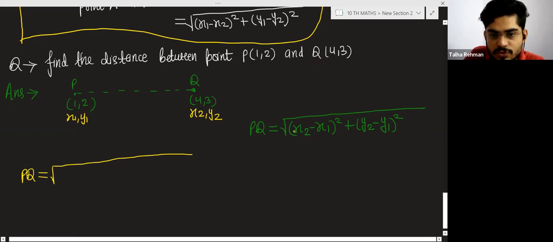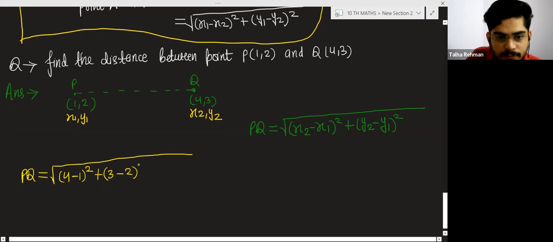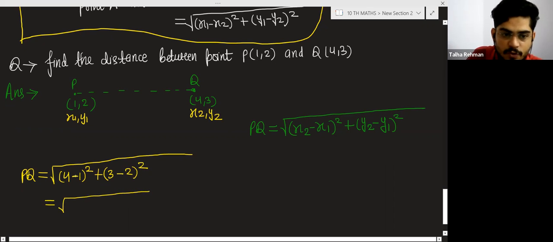So what is the value of x2? x2 is 4. So write here 4, minus sign, x1, which is 1, and square of this, plus y2, 3, minus y1, which is 2, and square of this. 4 minus 1, 3 whole square. 3 minus 2, 1 whole square.